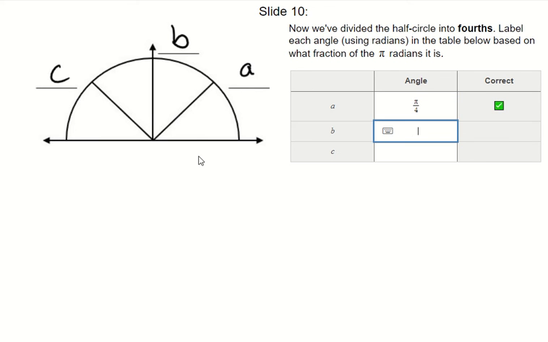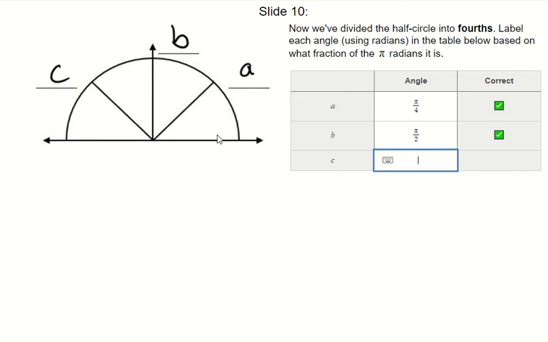And then B is going to be 2 pi over 4, right? But we can simplify that. 2 over 4 is the same as 1 over 2, so this is actually just pi over 2. And then C would be 1, 2, 3/4 of pi, so 3 pi over 4.